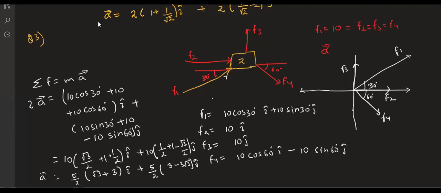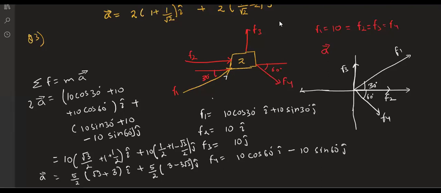Very good. Anyone have any doubt, or did you understand the concept? I've taken 1 by 2 common. If you take the LCM and take 1 by 2 common, then divide everything by 2, it will be 5.